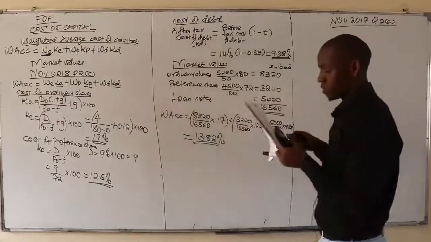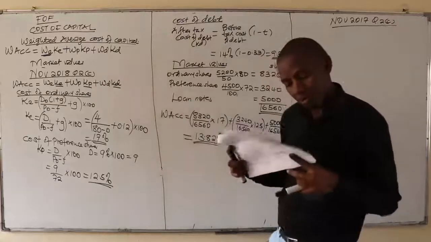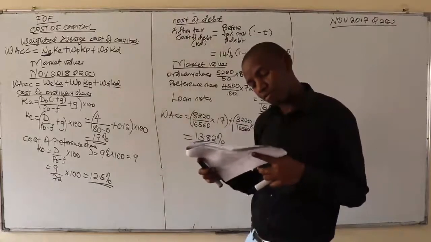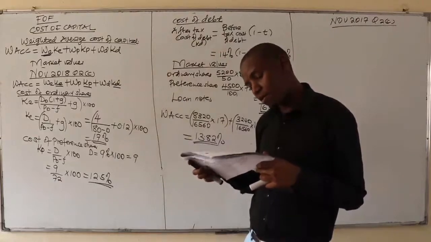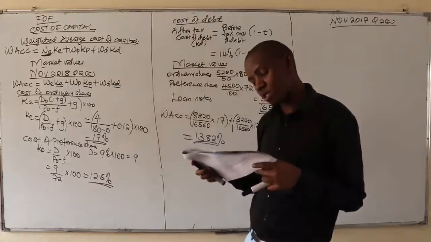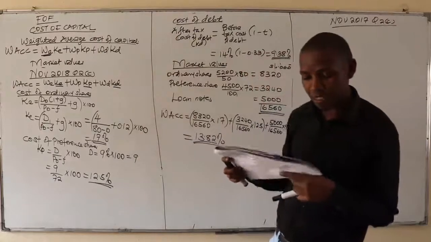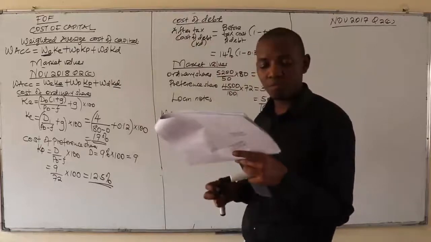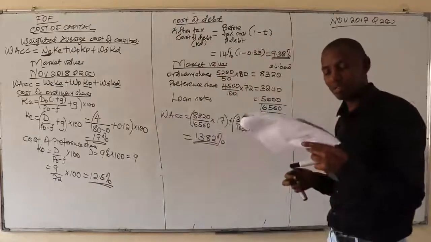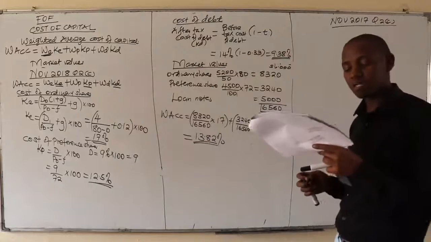Now this is what we've been told, that the following extract of the statement of financial position of Mapato Limited shows the capital structure of the company as at 31st December 2016, and the ordinary share capital we've been given, reserves, shareholders' funds, and then we have the 14% debenture.